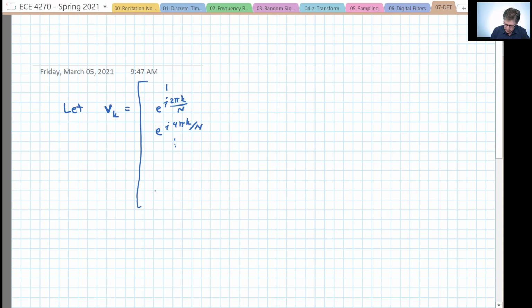So all the way down to e to the j 2 pi (N minus 1) k all over N. So for a particular value of k, which we're given because this is v of k, each one of these is going to evaluate to a complex number.